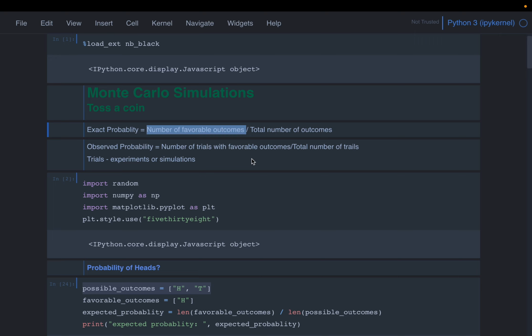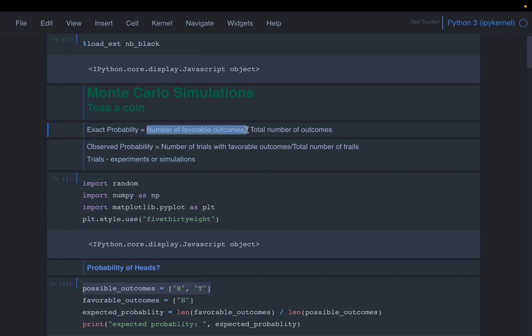For example, imagine we have a problem where the total number of outcomes is 1 billion, okay? And the number of favorable outcomes is 1 million, okay? Now, we may not be able to do the experiment 1 billion times so that we can observe all the 1 million favorable outcomes, right?